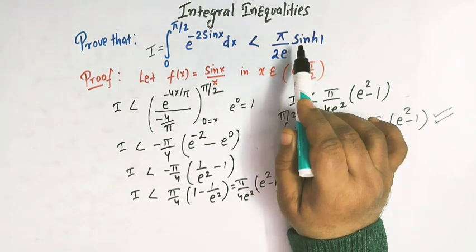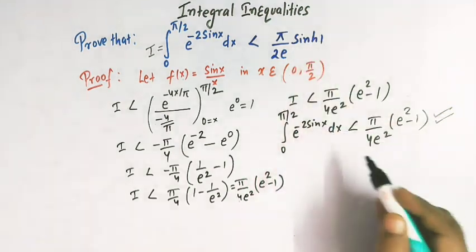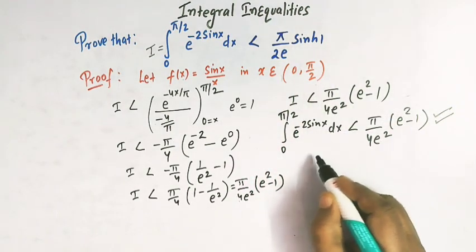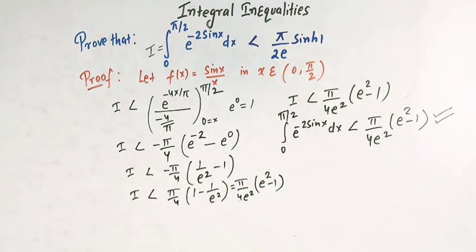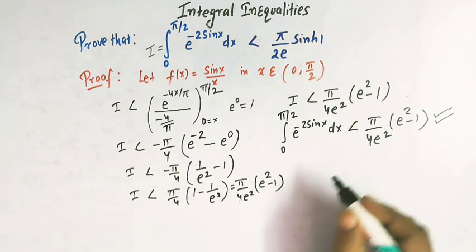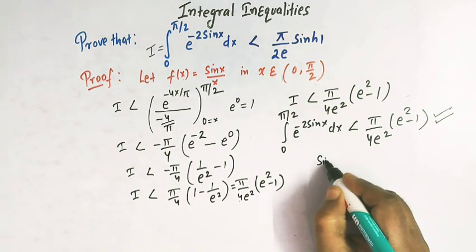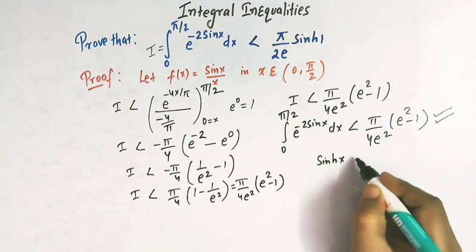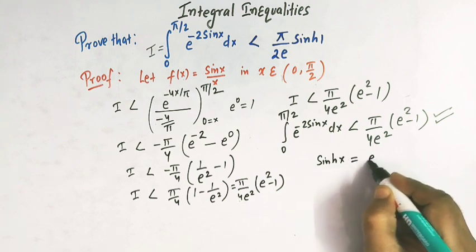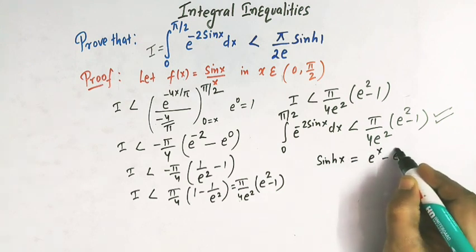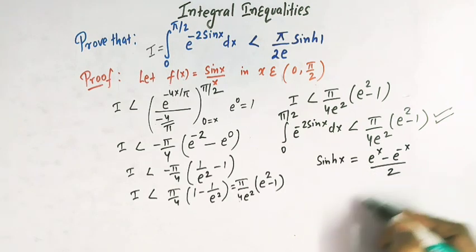So now to get this term, here we'll make use of the definition of the hyperbolic function. So the hyperbolic sine of x is defined as e raised to x minus e raised to minus x over 2.